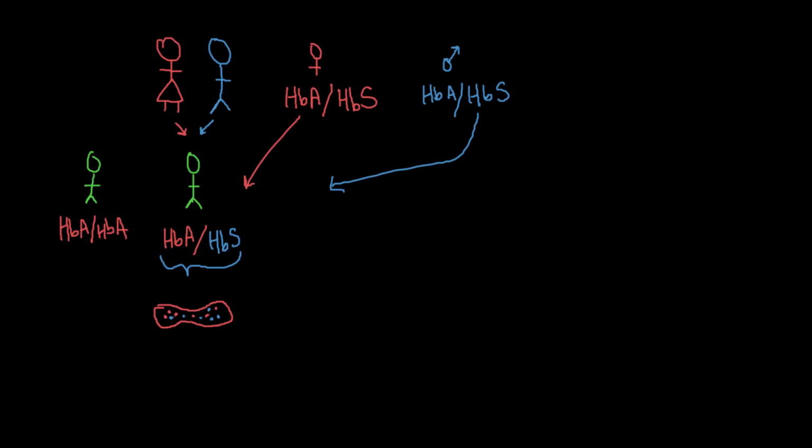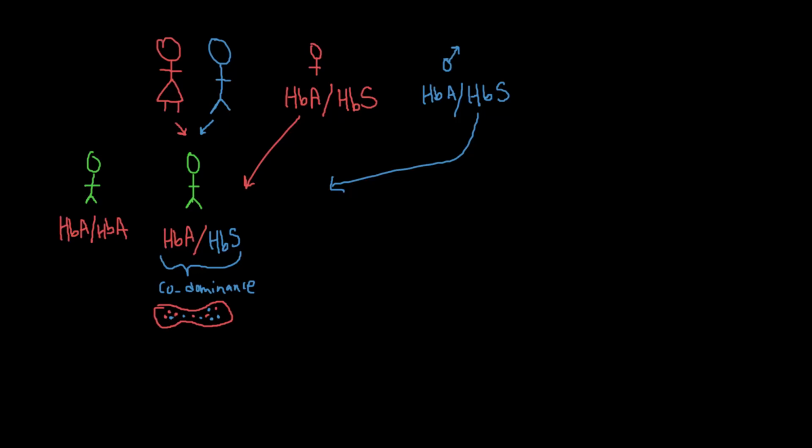They have valine in their 6th amino acid position instead of glutamic acid. So this is an example of what's called co-dominance, which means that both of the alleles are equally being expressed. So they're both dominant instead of one being dominant and one being recessive.